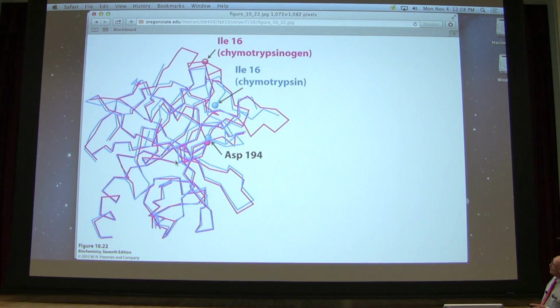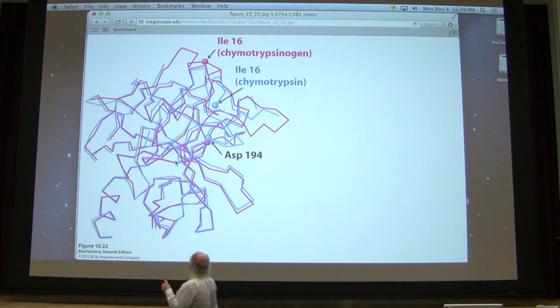Well, one of the critical cleavages that occurs is right here, isoleucine number 16. Okay? And when that gets cleaved, we see that this big red piece that's sticking up here isn't present in the final chymotrypsin because we don't see a blue piece up there corresponding to it. This red piece up here serves to help block access of the substrate to the active site.